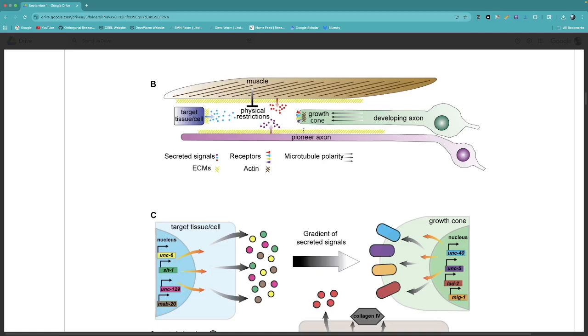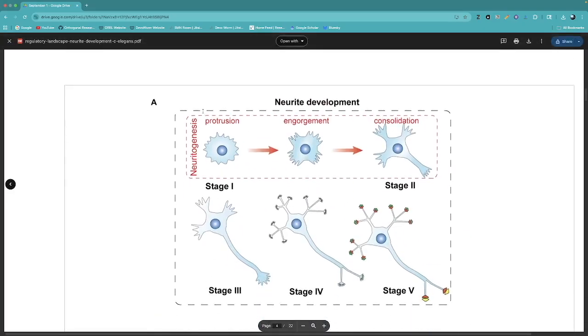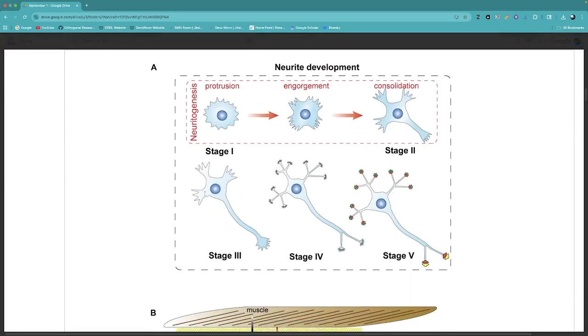This growth cone is an area that senses the chemical concentrations, the chemical gradients, and allows for the axon to guide itself through that. And so the growth cone is guiding it through this milieu, and it's heading towards the target tissue, eventually making a connection with the target tissue. So it's the differentiation between sort of stage 3 and stage 5 of neurite development.